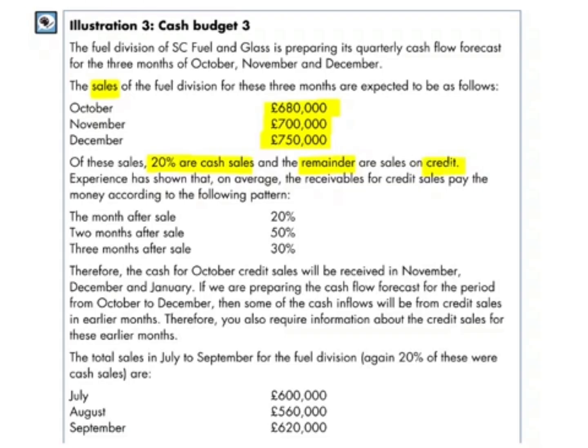We've done some analysis of our previous sales pattern, and we can see that customers on average, 20% of them pay us the month after sale, 50% pay us 2 months after sale, and 30% of customers pay us 3 months after sale, which therefore means the cash for October, for example, will be received 20% in November, 50% in December, and 30% in January.